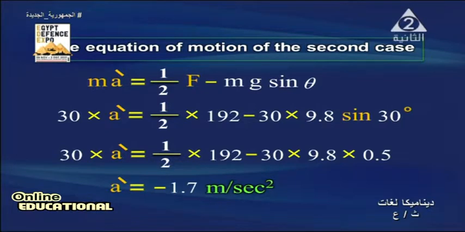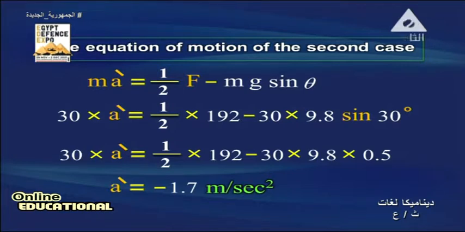Now, we note that the acceleration in the first case equals 1.5 meter per second square when the body moves on a smooth plane inclined to the horizontal with an angle of measure 30, and if the force acted on the body equals half the magnitude of the first case, then the acceleration equals negative 1.7 meter per second square.